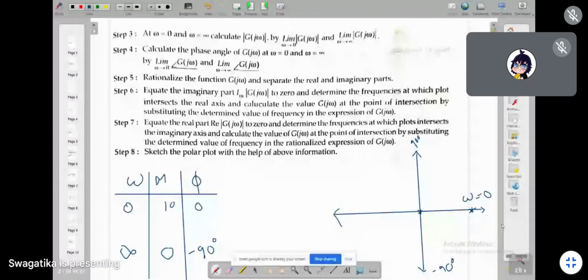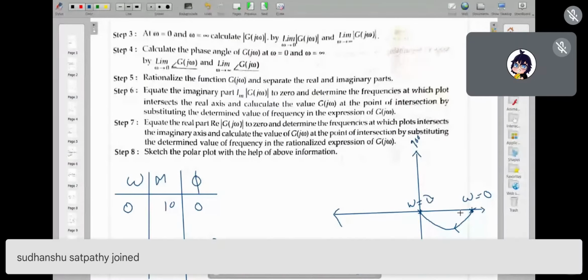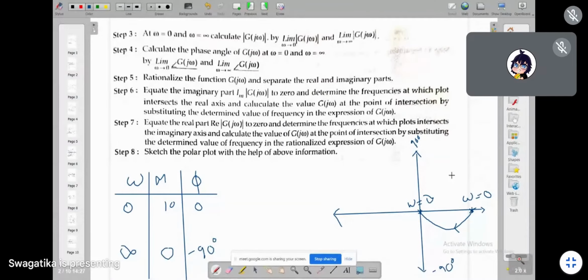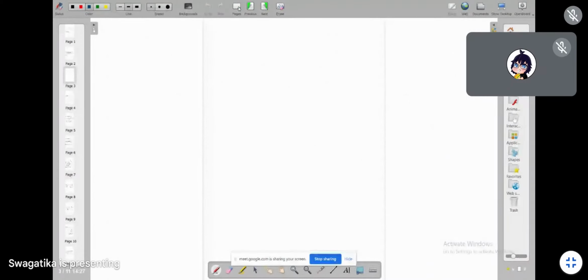It will start from omega equals to 0 and end at omega equals to infinity. For this example, you can see it is on the x-axis, right?